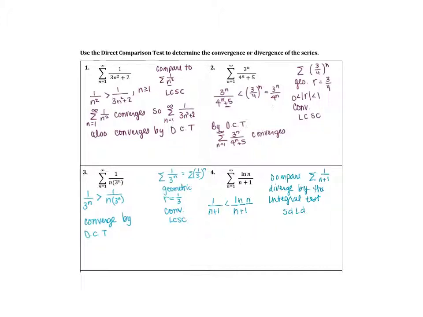And so here we're going to say that our series from n equals 1 of natural log of n over n plus 1 diverges by the direct comparison test.